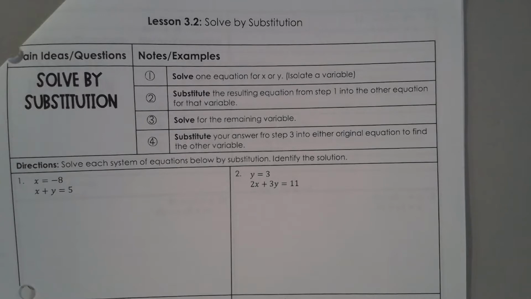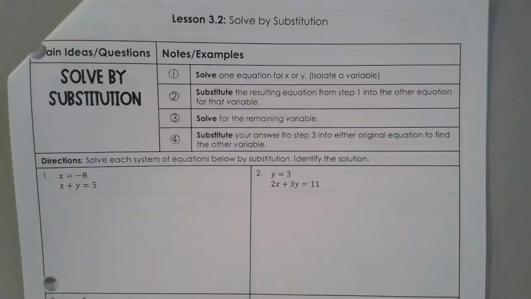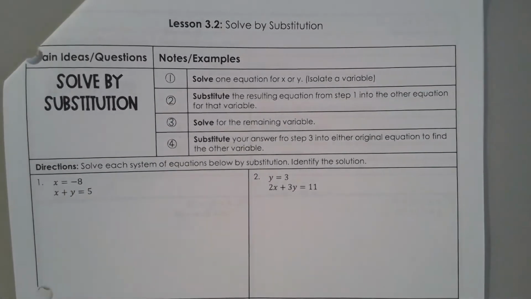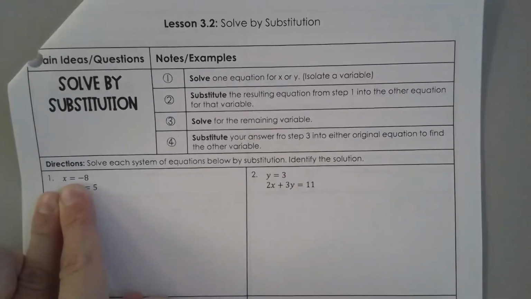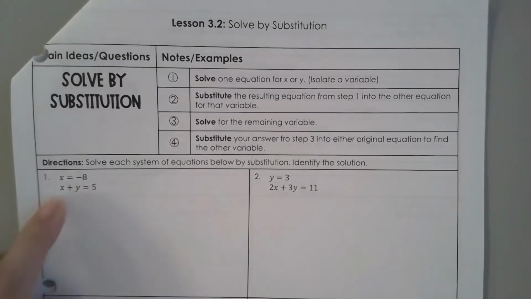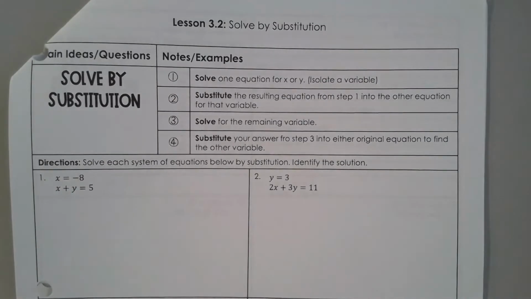Alright, so the next method that we're going to do is substitution. And this is usually done when you don't have a graph handy and at least one of them is x equals or y equals. And so what we're going to do is substitute in.